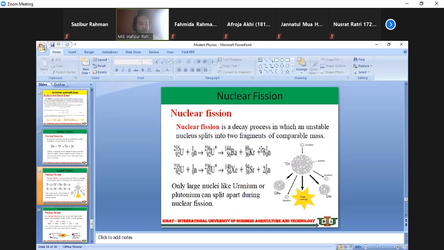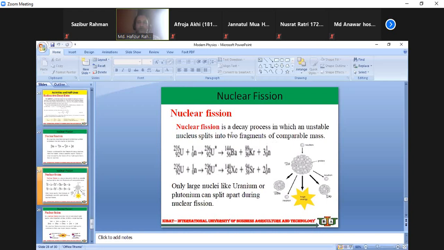In this way, it is like a chain. By each collision, 3 times more neutrons are produced. And the reaction happens at a very quick rate. That is why within a very, very short time, a huge amount of energy is produced in fission reactions.